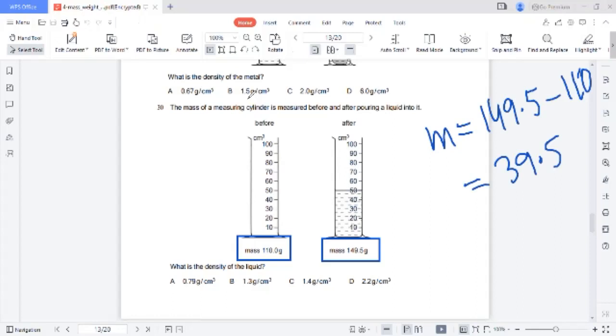And volume, you can directly see the volume from the diagram. So volume is 50. Now what would be the density? Density is mass over volume.